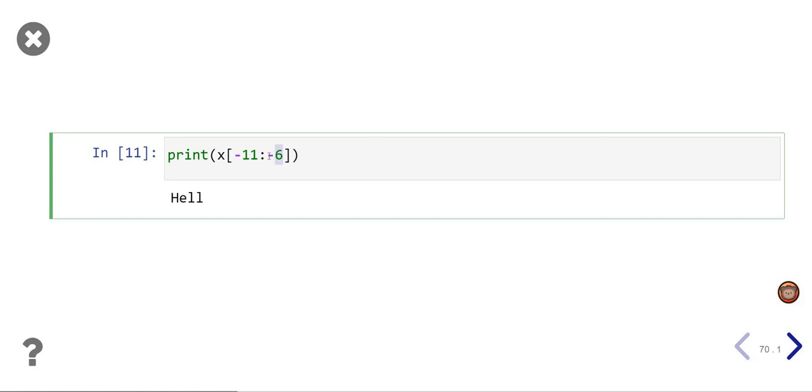So the same thing applies in negative indexing. What happens if you do it the other way around, if you put negative 6 first?